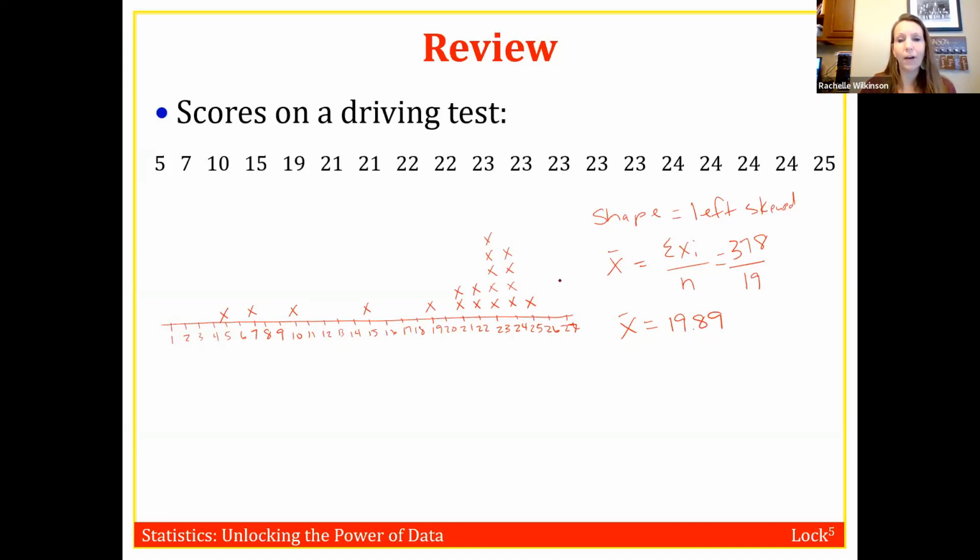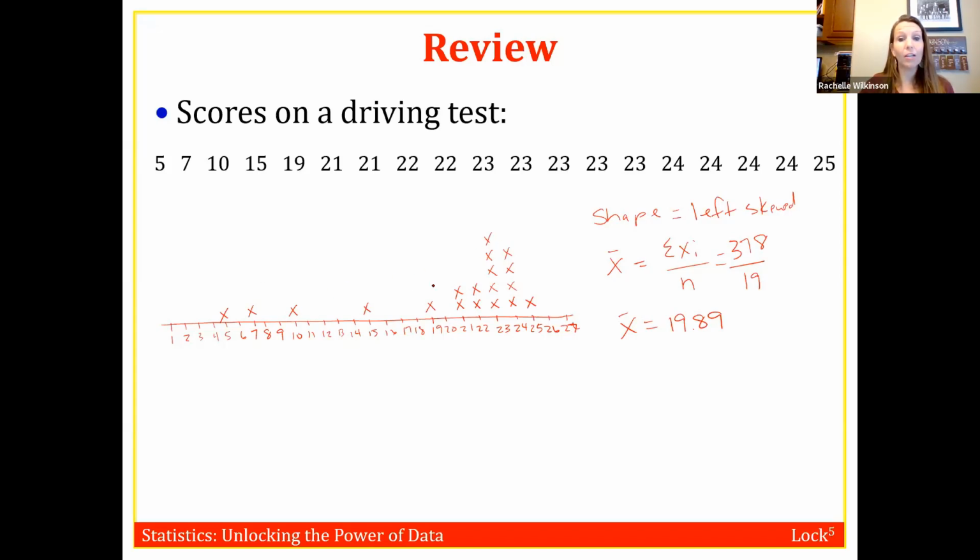Okay, next we're going to find the median, and we'll go ahead and find the whole 5-number summary here. Before we find the median, just based on my graph here, would you expect that the median is going to be higher or lower than the mean? So just looking, knowing what I know about the shape of the distribution, do you think that the median is going to be higher or lower than the mean?